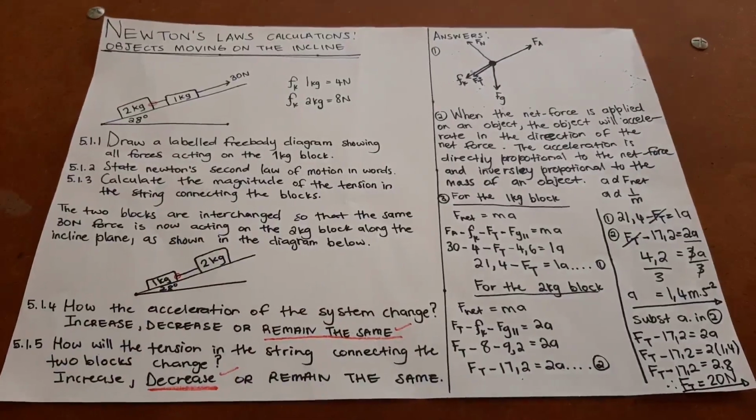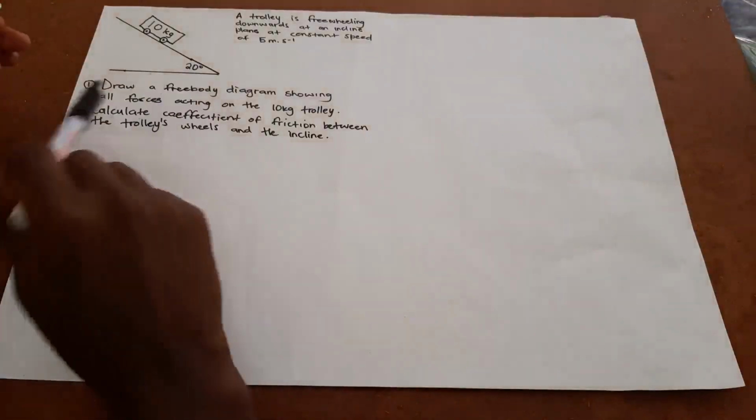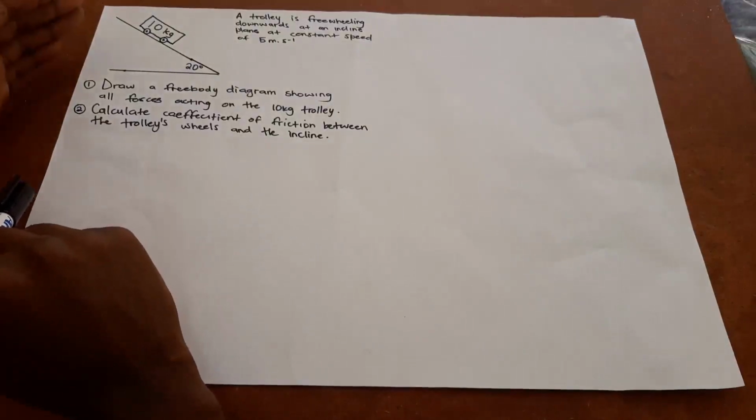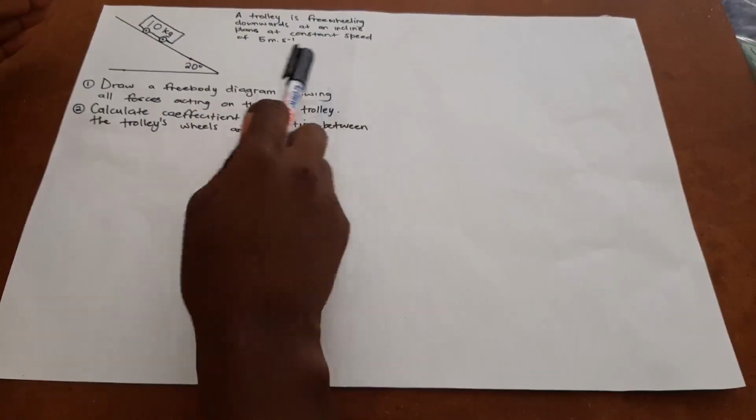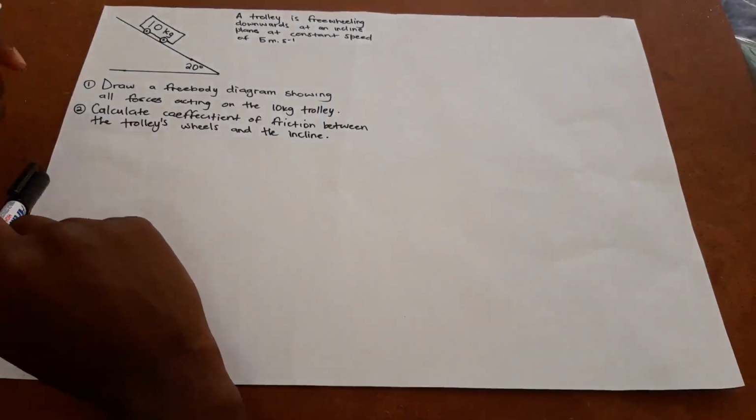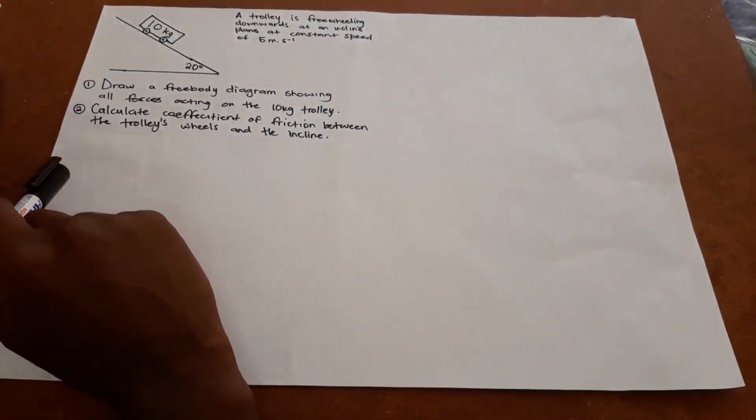Lesson video. Okay, so as you can see in the diagram there, a trolley is freewheeling downwards on an inclined plane at a constant speed of 5 meters per second.